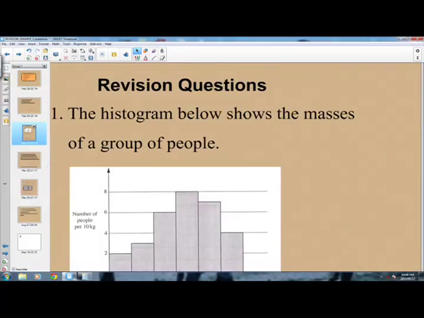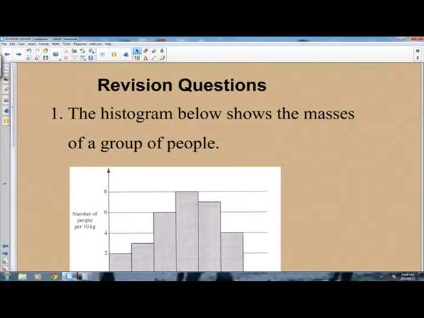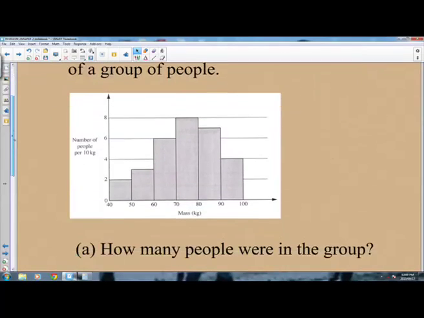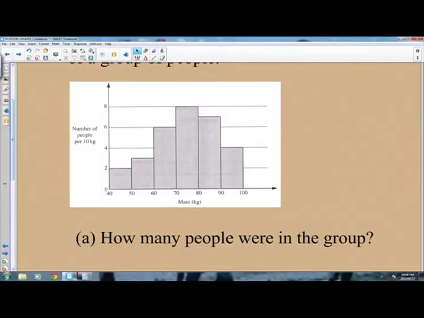The first revision question: the histogram below shows the masses of a group of people. So we are given a histogram. For the class 40 to 50, the number of people per 10 kg is 2.